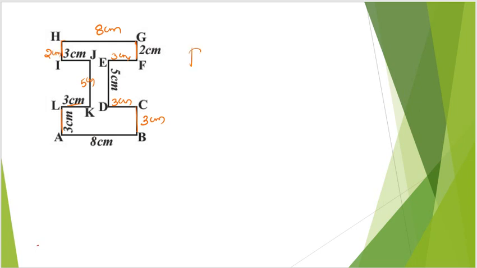Now if I want the perimeter, I need to add all these parts. So we get 8 plus 3 plus 3, 8 completed, 3 completed, 3 completed. Next 5 plus 3 plus 2 plus 8 plus 2 plus 5 plus 3 plus 3.